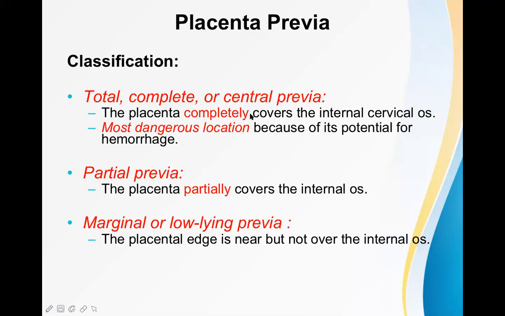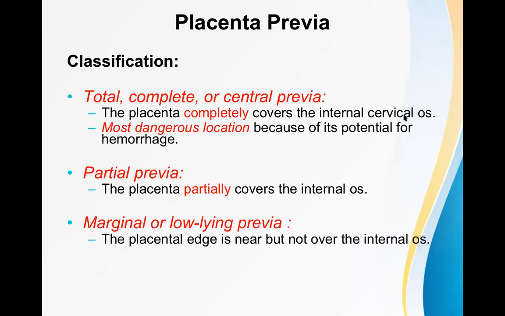Now let's elaborate on them. Total, complete, or central previa means the placenta completely covers the internal cervical os. Now what do you mean by that? Cervix is a canal-like structure. It has got two openings. One is external os, another is internal os, and through the internal os, the cervical canal opens into the uterine cavity.